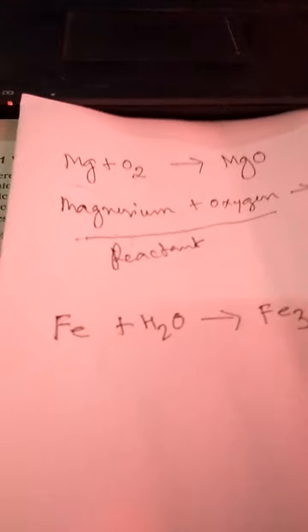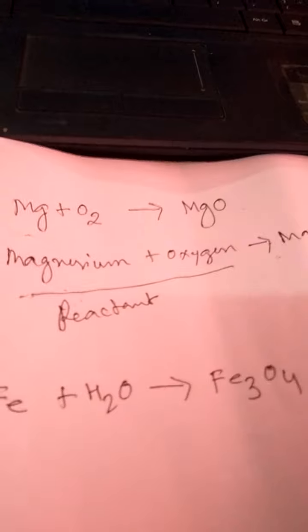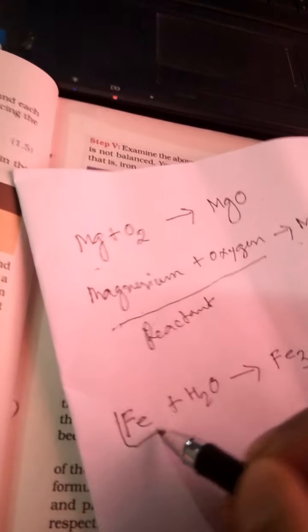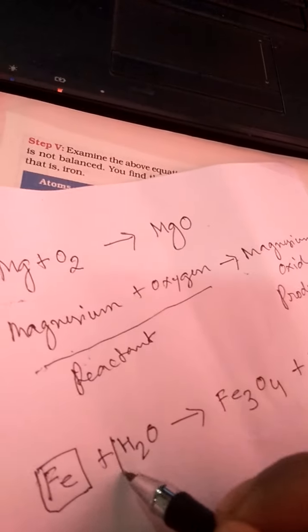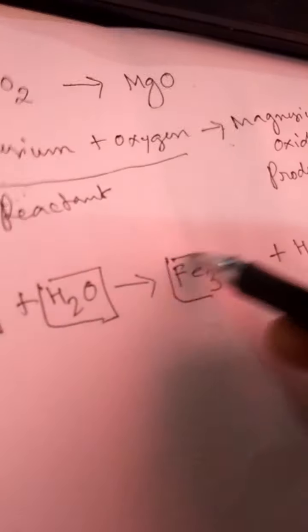We have written here iron plus water gives iron oxide plus hydrogen. So here, in the first step, we are going to make boxes around these substances, because while balancing, the main substance should not change.